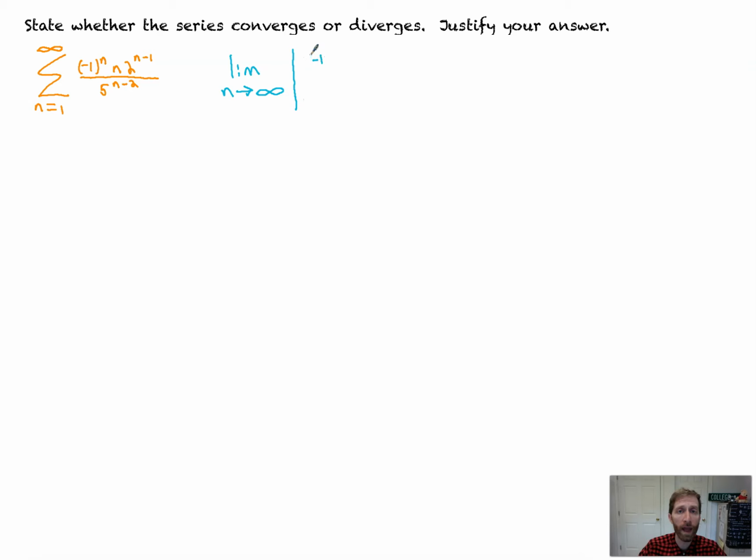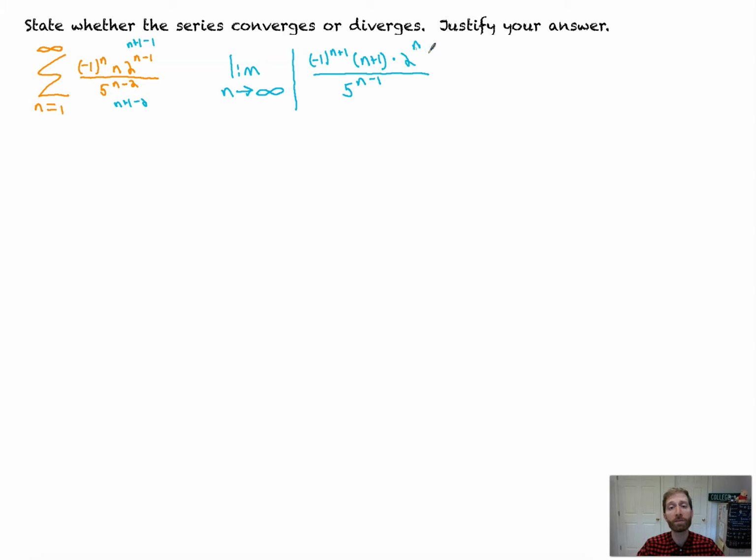So you'd be plugging in n plus 1 into every single n value there. So that's times n plus 1. Oh, what a mess this is going to be. Times 2 to the, we're doing n plus 1 minus 1 right here. The minus 1's cancel and you're left with just 2 to the n then, all over 5 to the, now we're plugging in n plus 1 into this, and n plus 1 minus 2 is n minus 1.